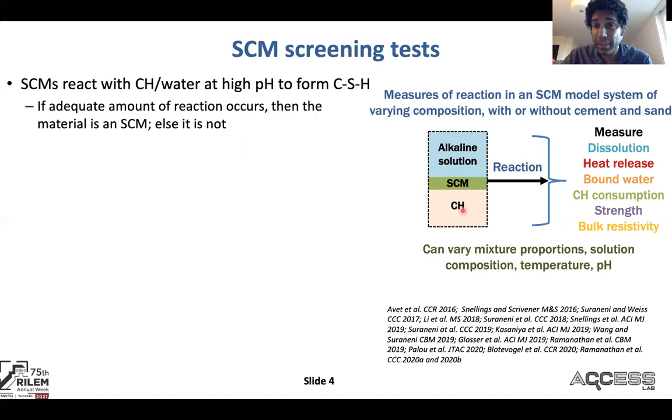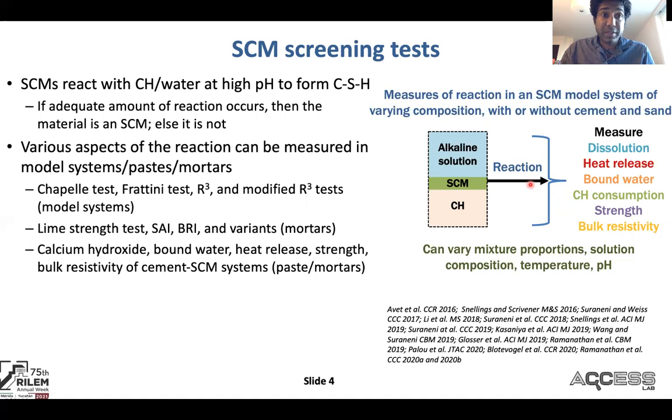You can vary the mixture proportions, the solution composition, the temperature, and the pH. You can put in cement or sand as needed. And then the reaction happens. You can measure dissolution, heat release, bound water, CH consumption, strength, bulk resistivity. These are all, of course, intimately linked, although they might not be the same thing because the reaction process is a little bit different for the pozzolanic materials and the latent hydraulic materials.